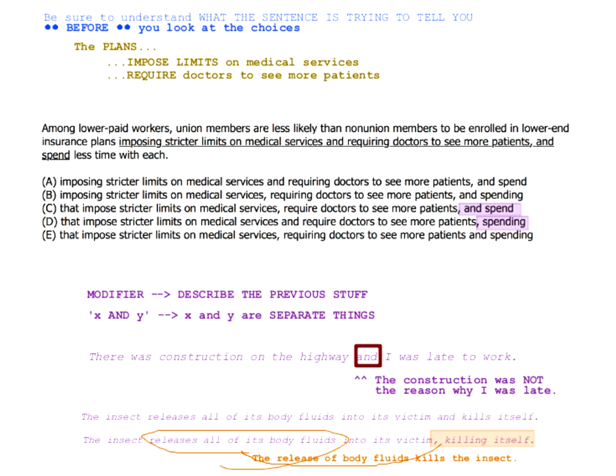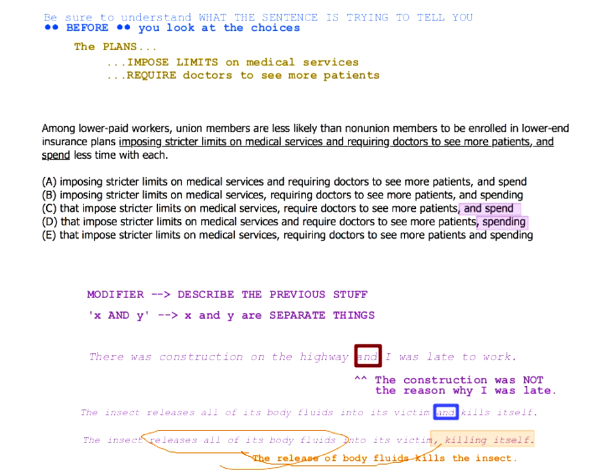We're still talking about the same thing. On the other hand, the use of "and" between two verbs says these are separate things. So the one with the "and kills itself" means something else.